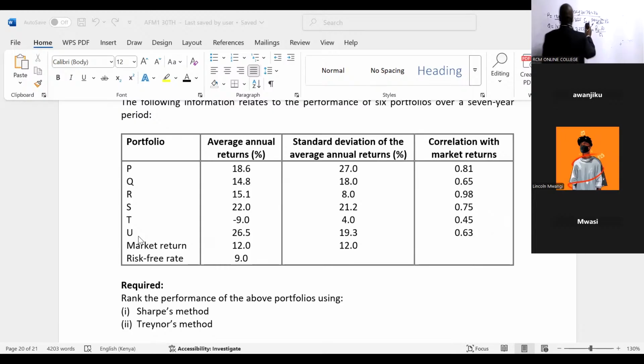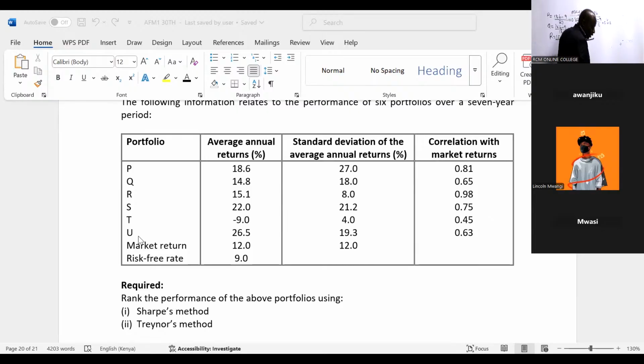After R, we have S. The return of S is 22, minus risk-free, which is 9, to get the premium, divided by the standard deviation of S, which is 21.2. Which gave 0.613.